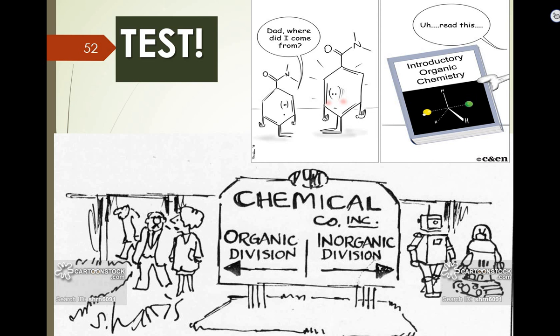If it had an unshared pair of electrons like this, and it pointed to the nitrogen, what shape would that be in? Trigonal pyramidal, because that unshared pair of electrons pulls it out of the plane. So it's still trigonal or trigonal pyramidal. Trying to see if those are the only shapes on those two molecules.